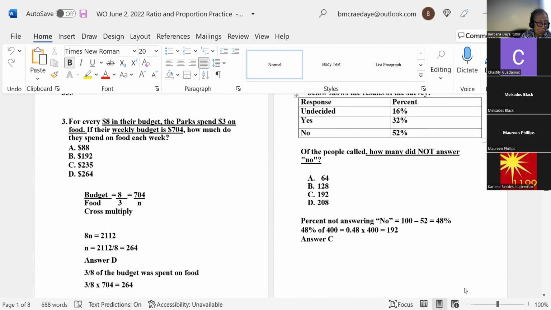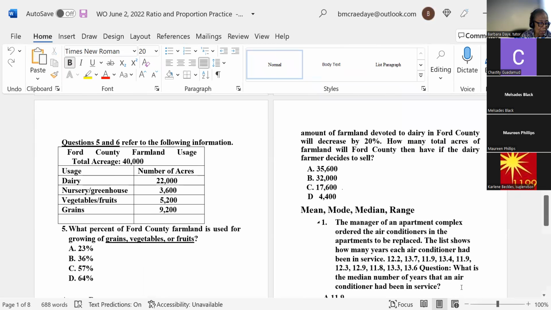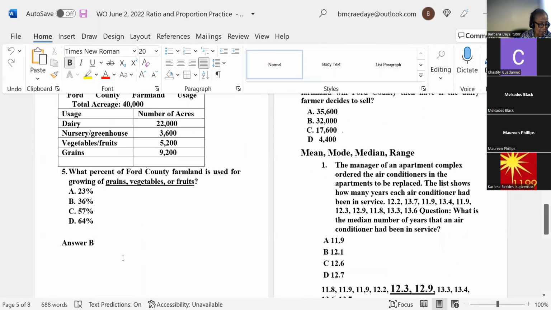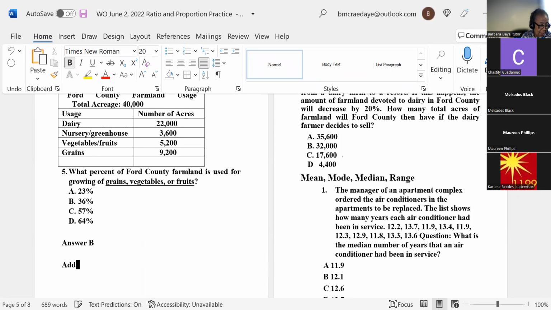Okay, so the first step is to add up those categories, right? Vegetables, fruits, and grains. That's your first thing you do, right?